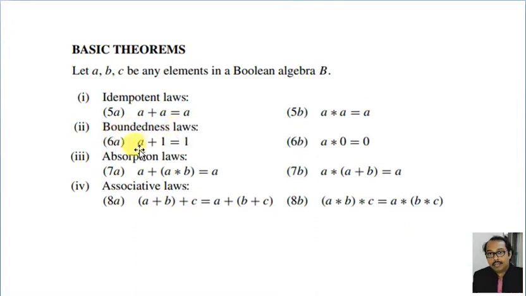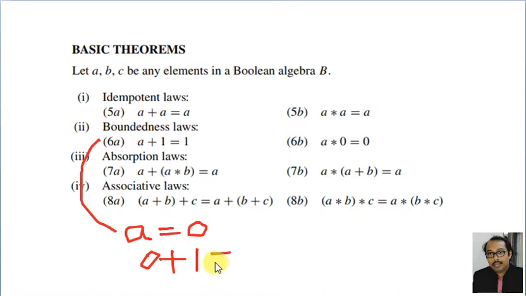So it is a plus 1 is equal to 1. How is it 1? I am going to prove it. Though proof is not required, I am proving. Say a is equal to 0. When a is equal to 0, so 0 plus 1 is equal to 1. Now I am going to prove in a different way.